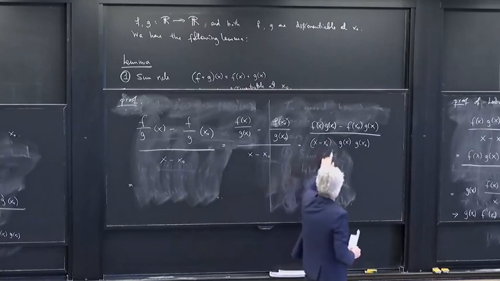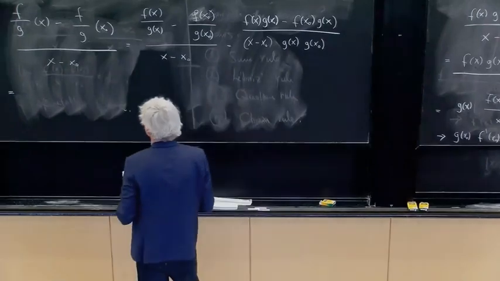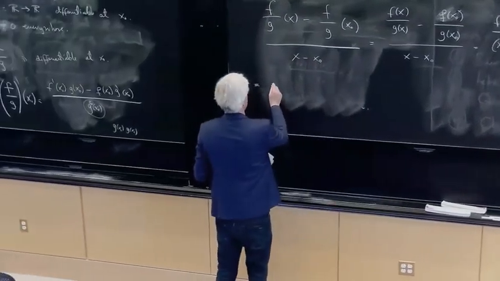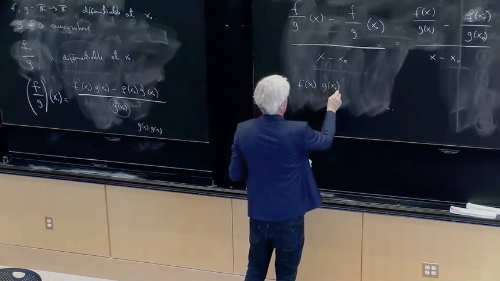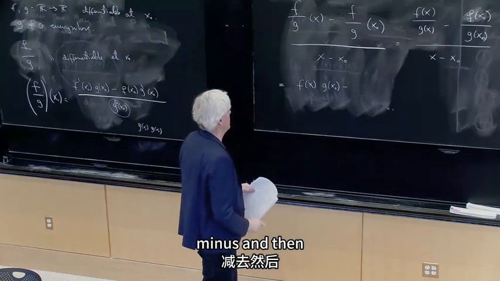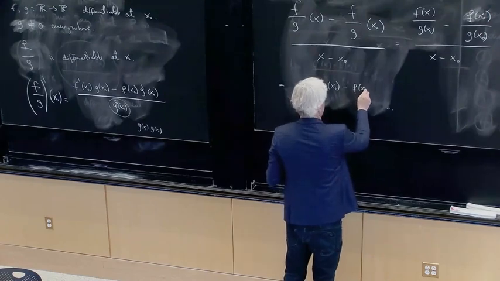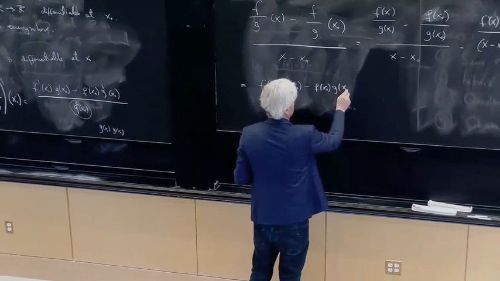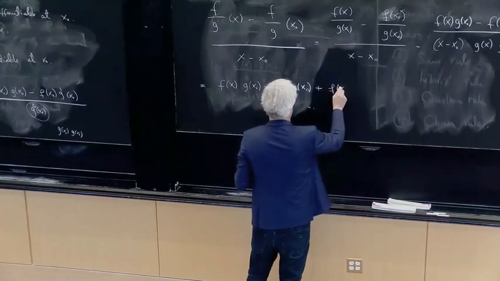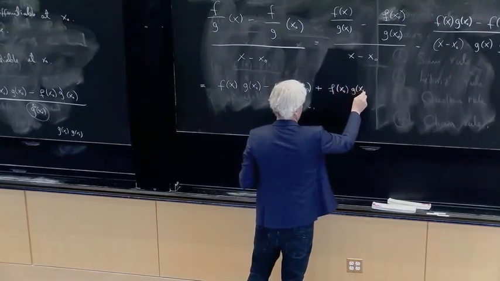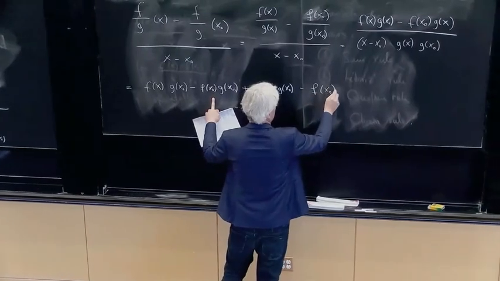So we're using that over here. So f of x, g of x0, minus f of x0, g of x0, plus f of x0, g of x0, minus f of x0 g of x.